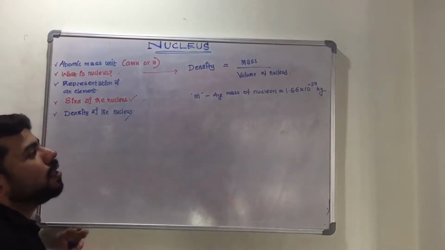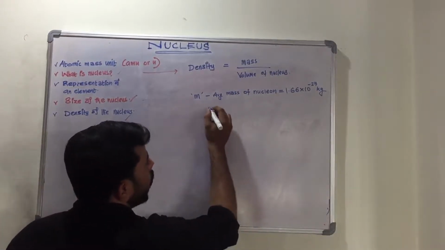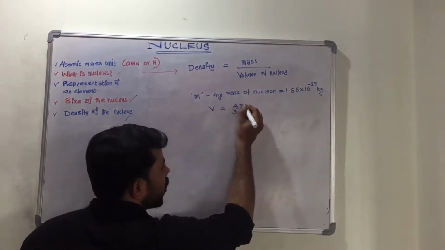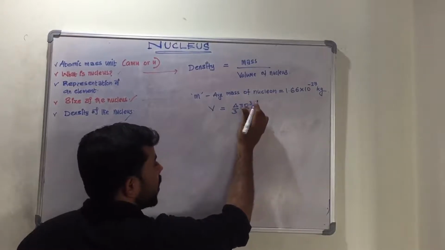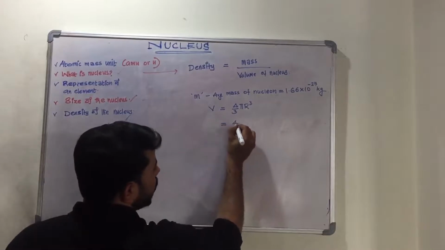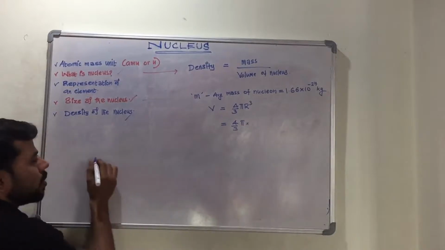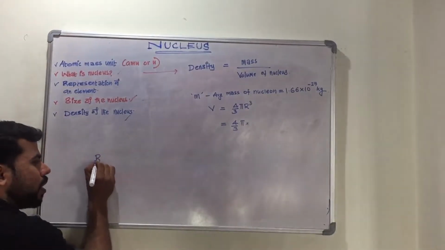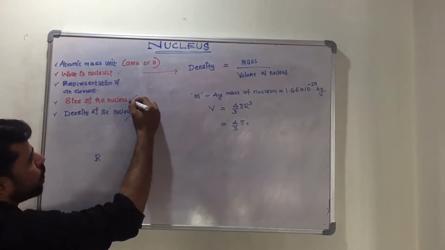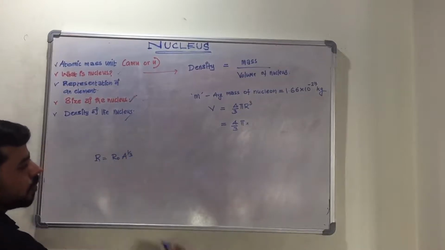Then to find out the volume of the nucleus, volume is 4 by 3 pi r cube, because the nucleus is considered to be spherical. Then V is equal to 4 by 3 into pi into r cube. In the previous section, we discussed that the size of the nucleus R is equal to R0 into A raised to 1 by 3.